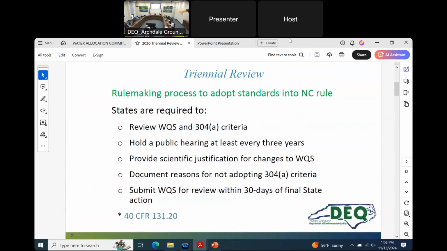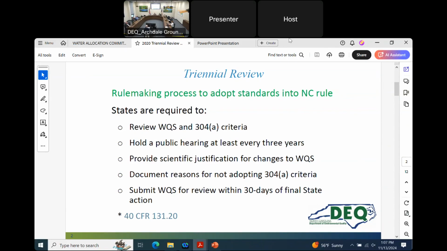Just a quick reminder about the triennial review: surface water quality standards are regulated under the Federal Clean Water Act, and EPA administers the Clean Water Act under Title 40 of the Code of Federal Regulations. The triennial review itself is a rulemaking process to adopt standards into North Carolina's rule, and per Title 40 CFR 131.20, states are required to meet certain criteria for each triennial review.